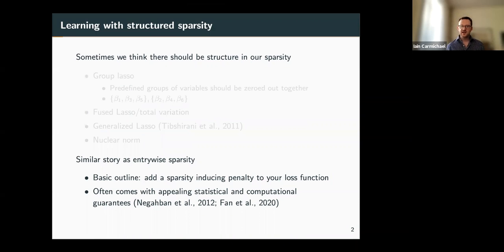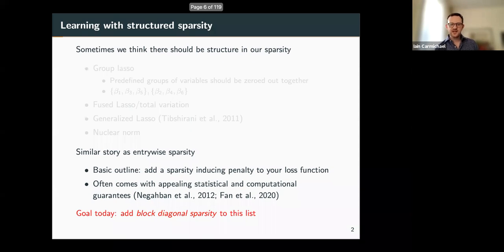Structured sparsity has a similar story to entry-wise sparsity. Take our loss function, add some structured sparsity-inducing penalty, and minimize that. That often comes with similar appealing statistical and computational guarantees. So our goal today is to add another type of structured sparsity to the list, namely block diagonal sparsity.